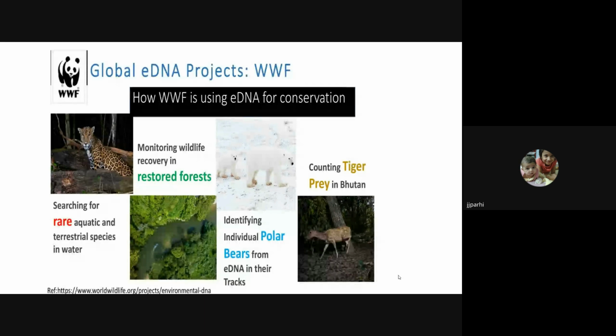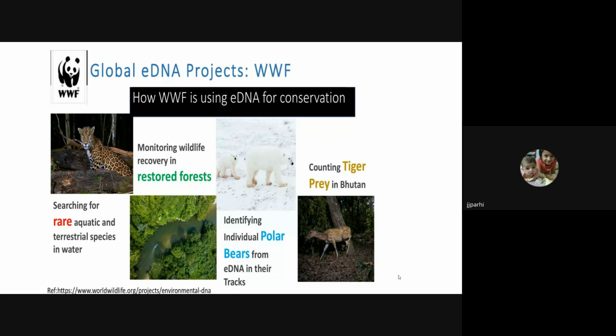Further, one is monitoring or identifying individual polar bears from the eDNA in their tracks. I have one more slide on that, and I will explain how they do it. And the last one is counting tiger prey in water. The objective was to protect the tiger. One tiger requires nearly 4 to 5 kgs of meat every day.